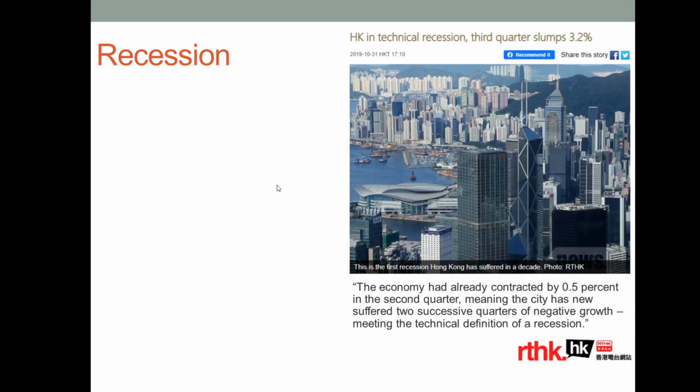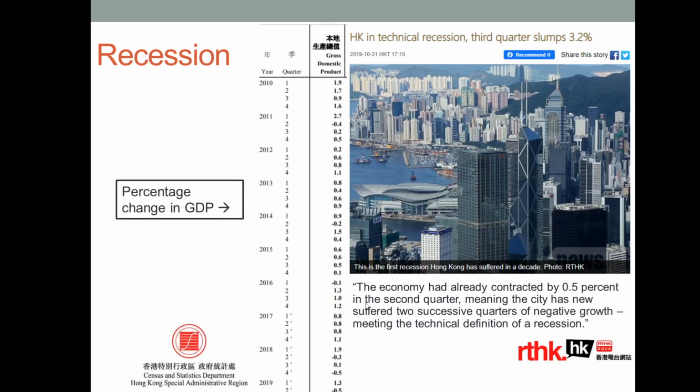Okay, so you can take a look at these statistics here. I just extracted this from the Department of Census and Statistics. They have so much useful information, economic data, demographic data, and many other useful data you can find from this department. So make good use of the data you can find here.